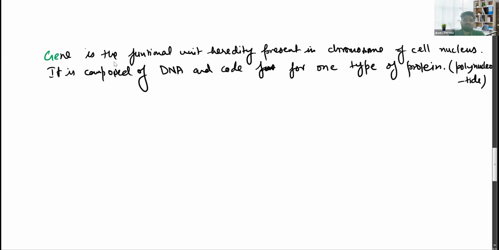So what is a gene? A gene is a functional unit of heredity present in chromosomes. What are chromosomes? Chromosomes are the condensed form of DNA.